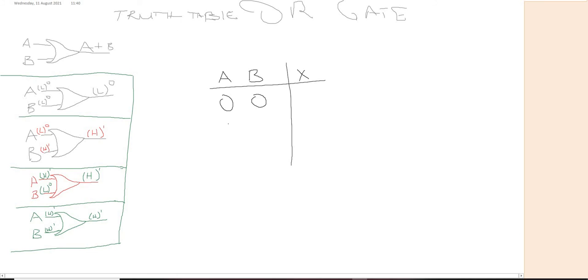We've got 0 1, we've got 1 0, and we've got 1 1. So as you see, what will be the output?